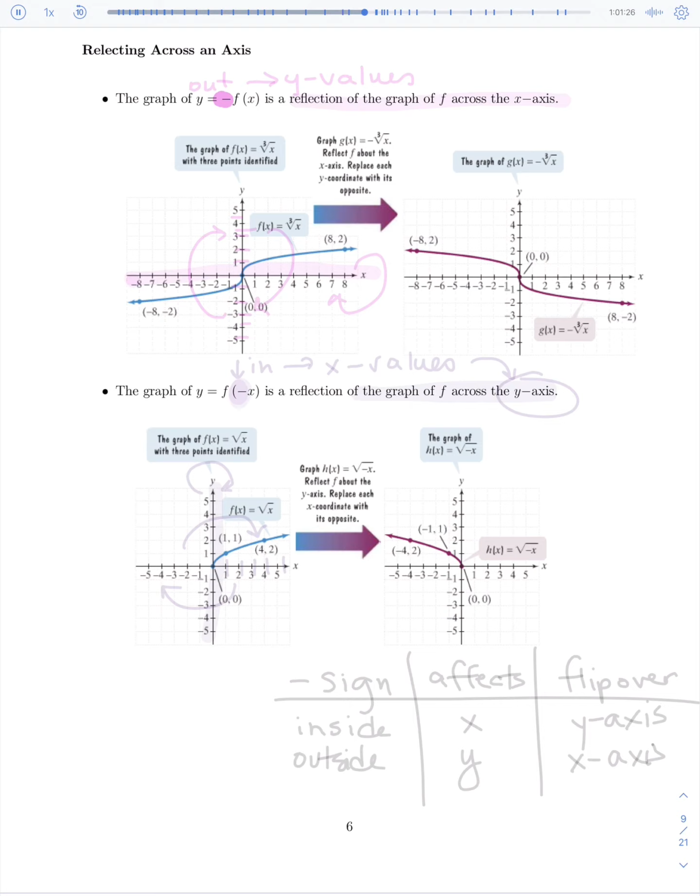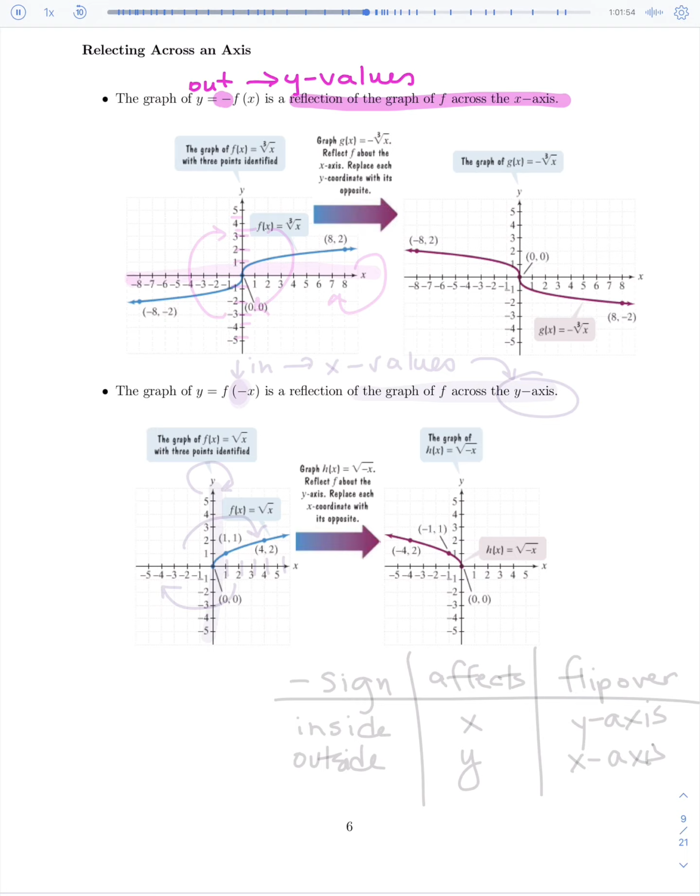If it's on the outside, then it should be only affecting our y values. However, if we're affecting our y values, this is weird, you're actually going to reflect over the reverse. You're going to actually reflect over the x-axis. And it does make sense when you think about it.